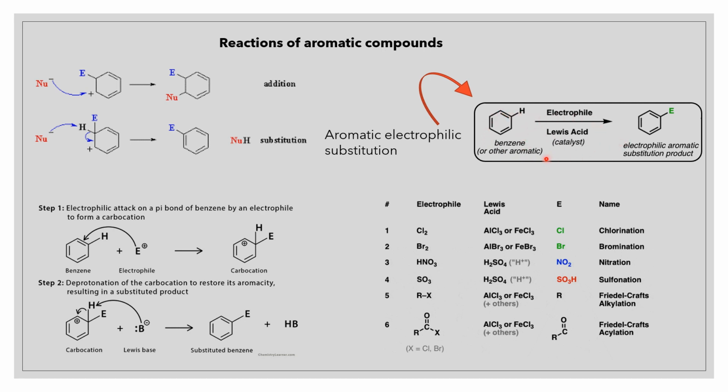That is more probable for an aromatic system because it is electron rich, so it usually reacts with an electrophile, which is an electron deficient species. This is the general representation of electrophilic substitution. This is benzene, and this hydrogen atom is substituted with an electrophile, which usually requires the presence of a catalyst, which is a Lewis acid.